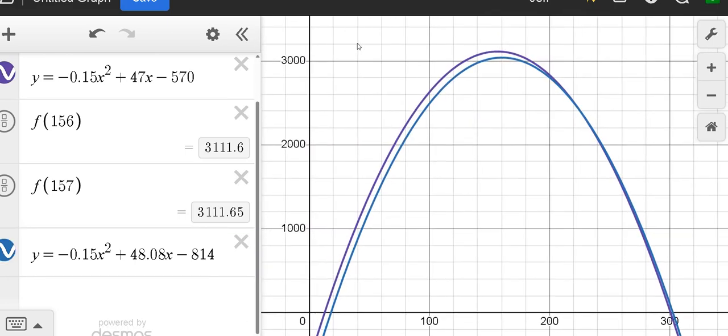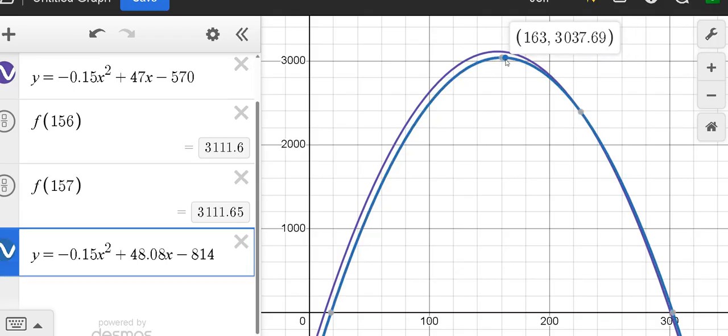So the blue, I expected something a little bit different. It does shift things, but what happens to our maximum profit? Can we make as much as we did before? No. So the largest profit that the company can make now is $3,038 and some change. 3038.81.